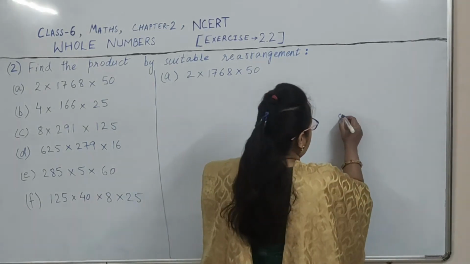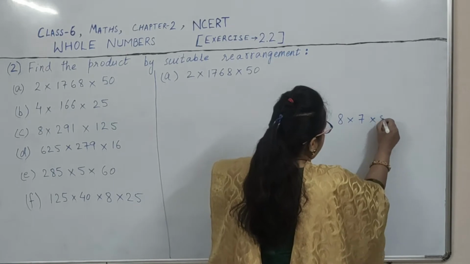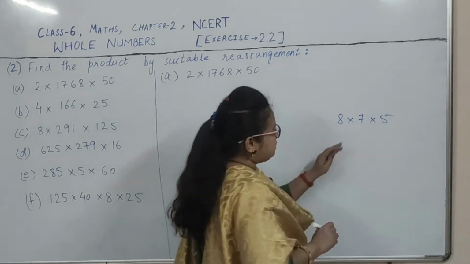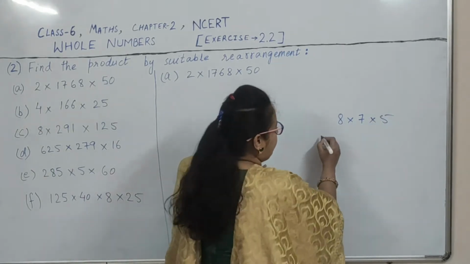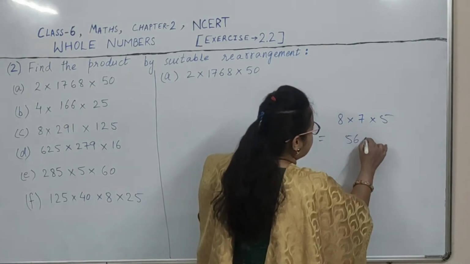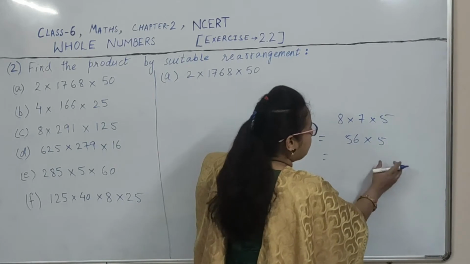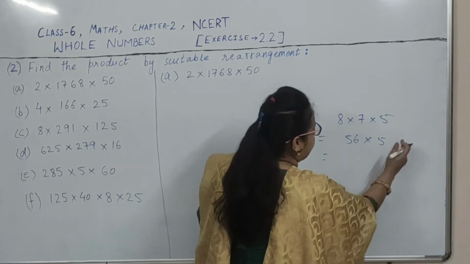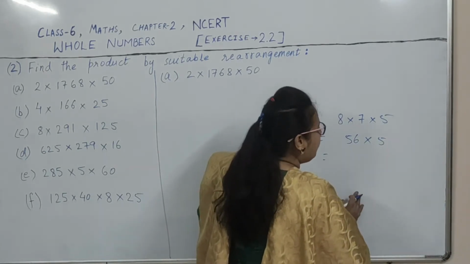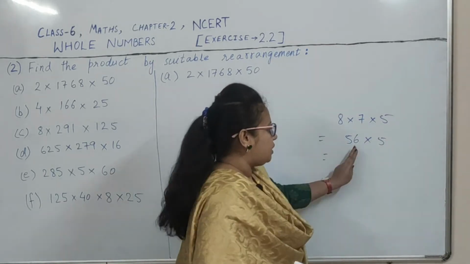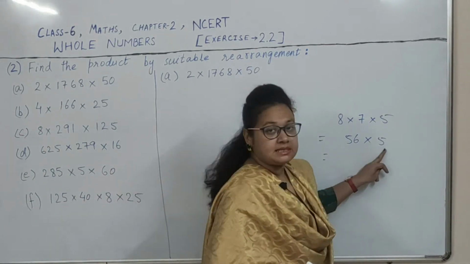So suppose you are given these numbers to multiply. What will you do? 8 7s are 56 and then 5. Then again you will write the product. You will do the multiplication here in the rough part and then write the answer here, because we don't know how much 56 into 5 is.